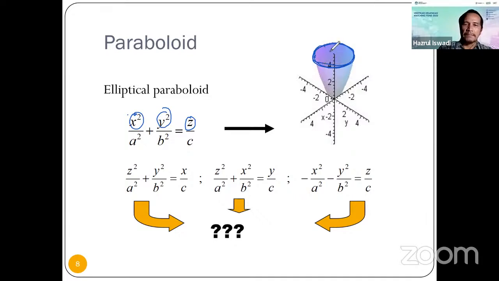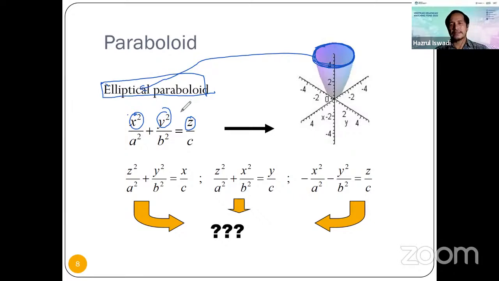The penampang of the paraboloid determines the name of the paraboloid. For example, elliptical paraboloid means that the penampang of the paraboloid is elliptic.